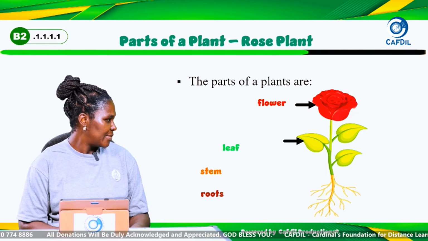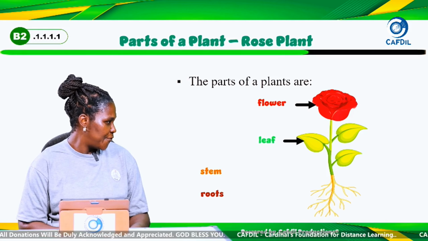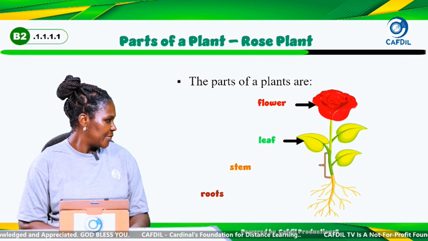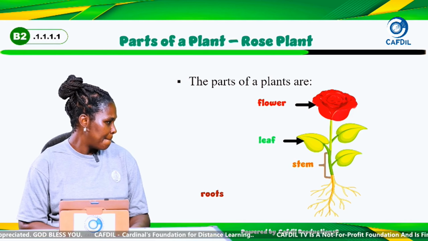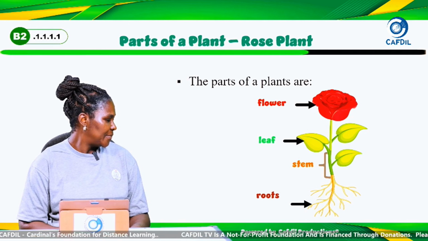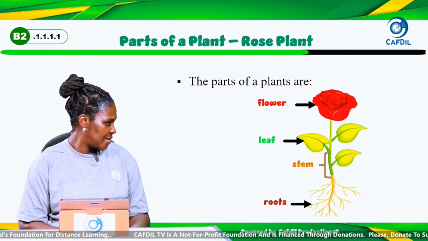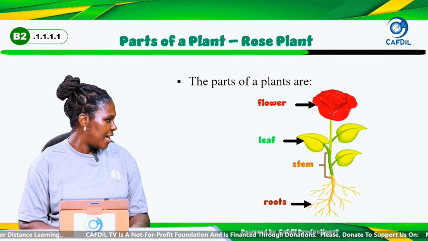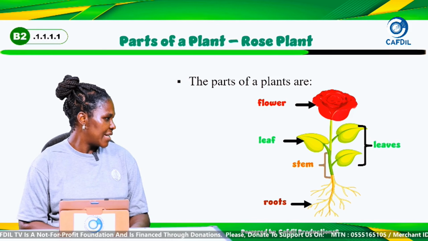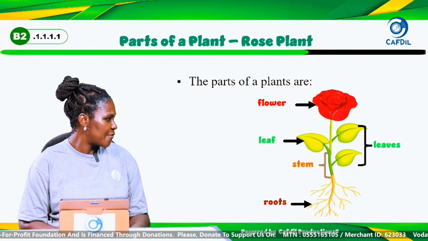Now the leaf. And we have the stem. And then roots. So we have flower, leaf, stem, and roots. And the other one, let's look at this one, the leaf.